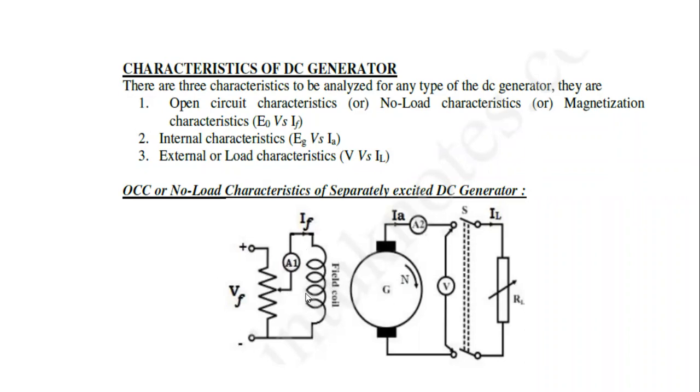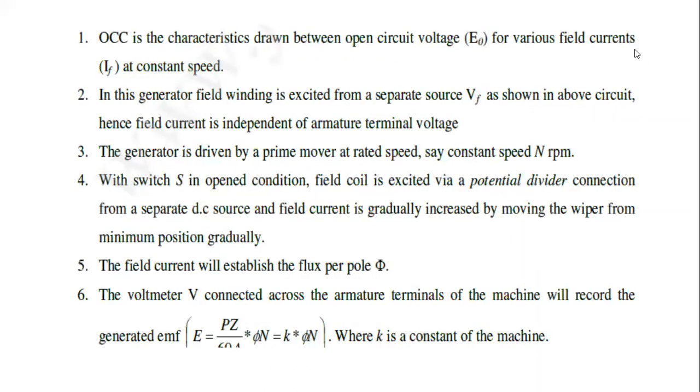Due to that voltage, the field winding is excited and EMF is generated in this generator. Due to that EMF, armature current is produced. That current is measured by ammeter A2, the voltmeter measures the voltage across the load, and A1 measures the field current. This is the circuit diagram for obtaining the no load or OCC characteristics.